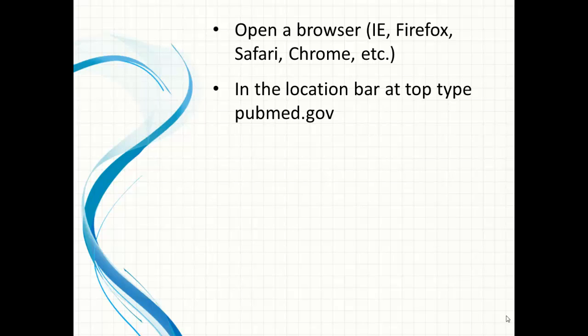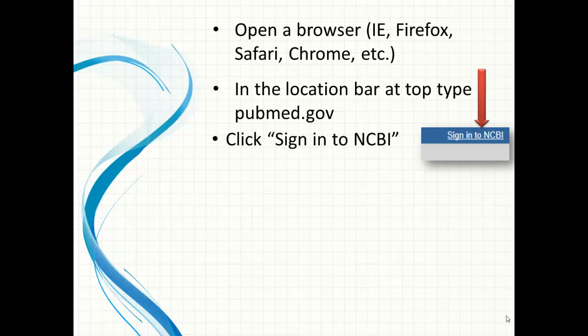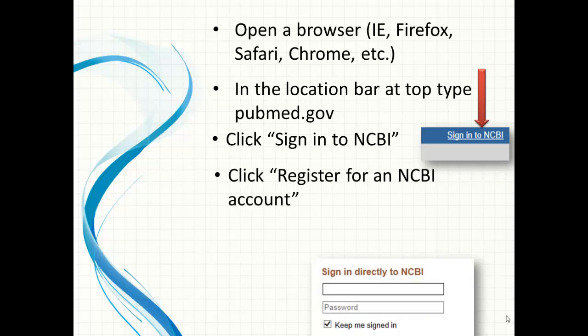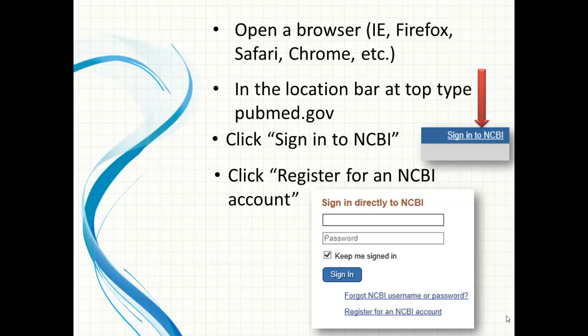Then press Enter. You'll be redirected to the PubMed homepage. Click the Sign In to NCBI link in the upper right-hand corner of the screen. On the resulting page, click the Register for an NCBI account link that is located under the Sign In button.